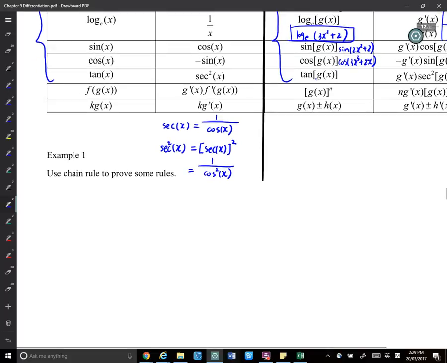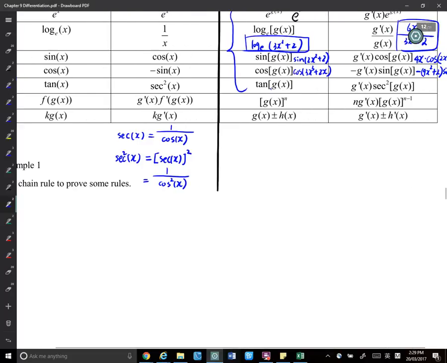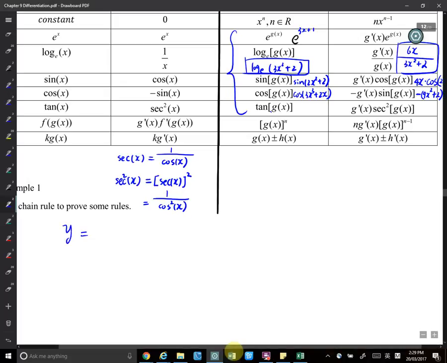Example 1 says use chain rule to prove some of these rules. Which one do I want to prove? Let's prove the log. Let's say y equals log e of g(x).